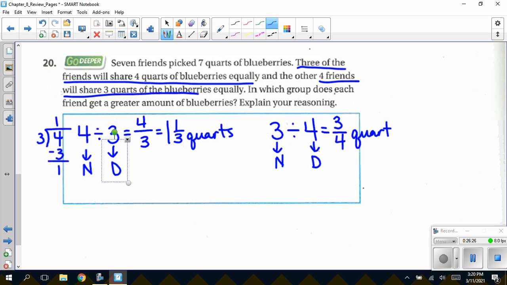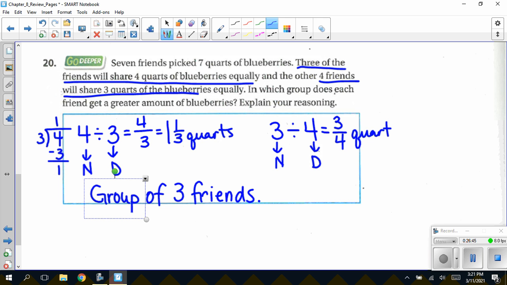So now, they want to know in which group does each friend get a greater amount of blueberries. Well, obviously, it is the group of 3 friends. We see that the group of 3 friends gets 1 1/3 quarts, and 1 1/3 is greater than our 3/4 quart.